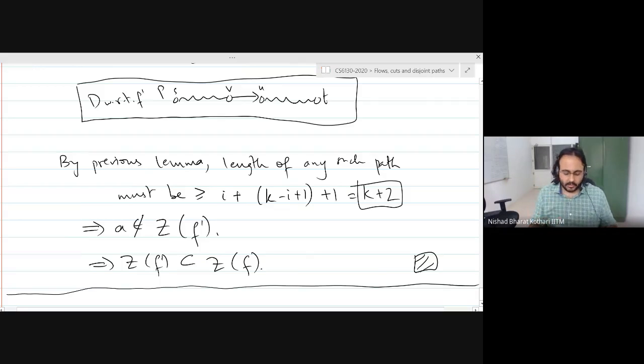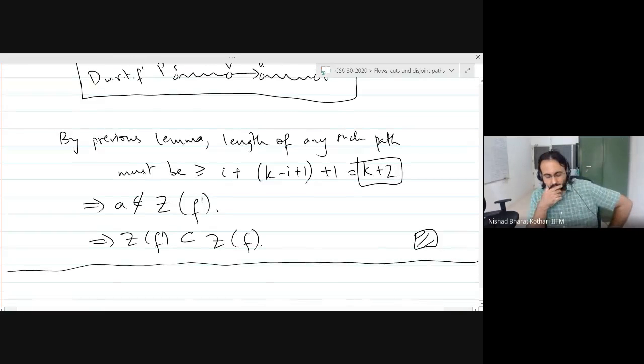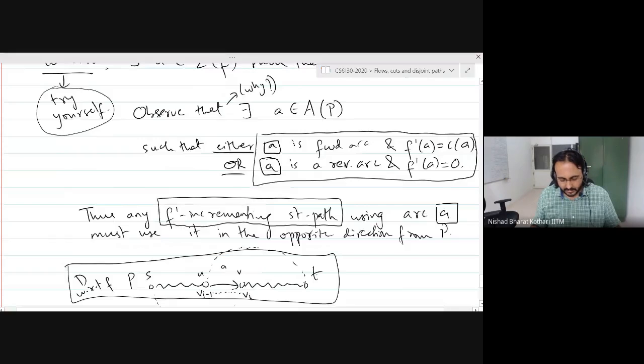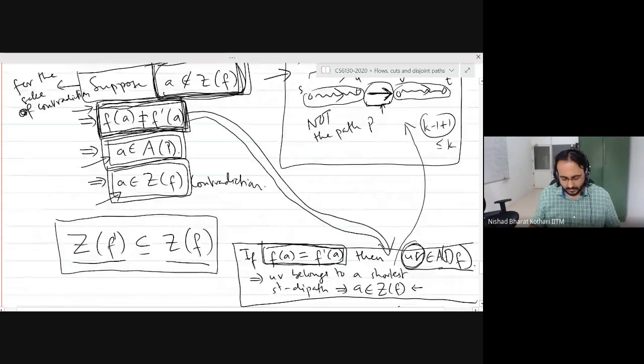Are there any questions on how this proof works? Are there any arguments which are not clear? None whatsoever? Is everything crystal clear? Yes, yes. Okay.